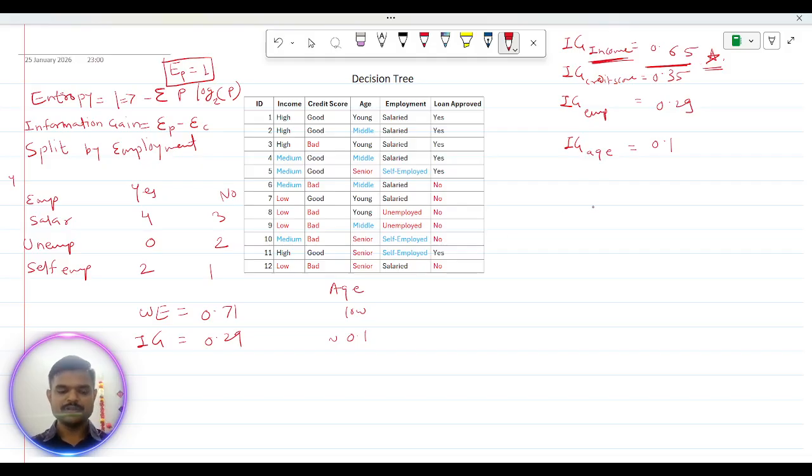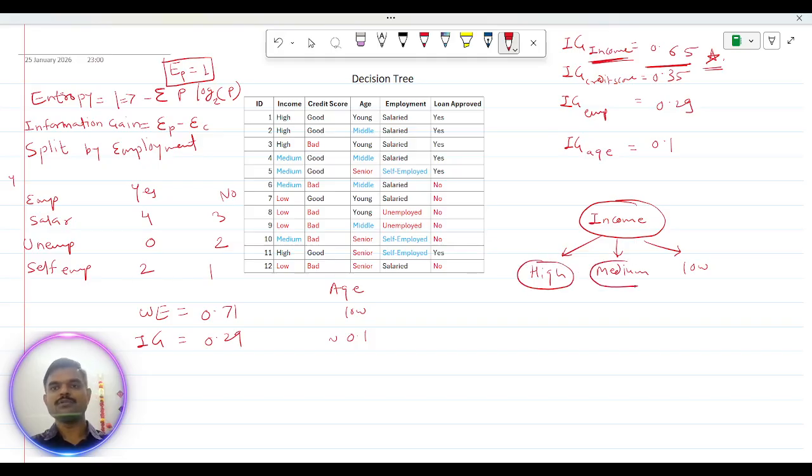Now, for example, if we have income, this will be our most important node. And below that, there are three sub branches. One is the high income group, one is the medium income group, and one is the low income group. Right? This is high, this is medium, and this is low. Why do we give importance to this income? Why did we decide to split on this income?